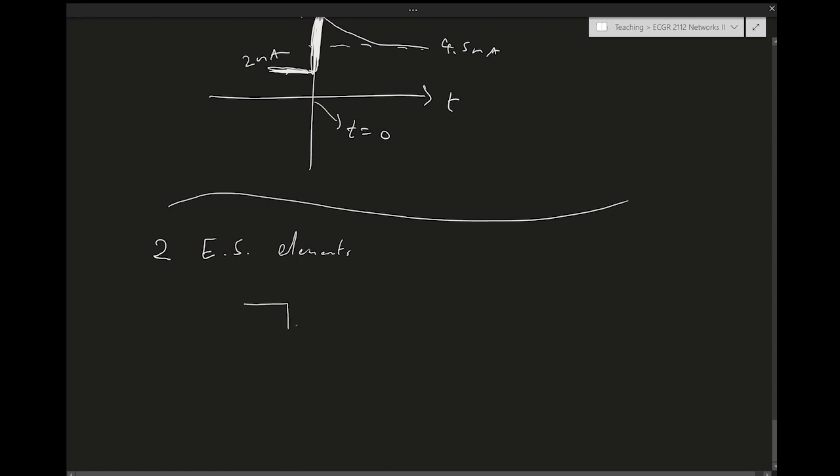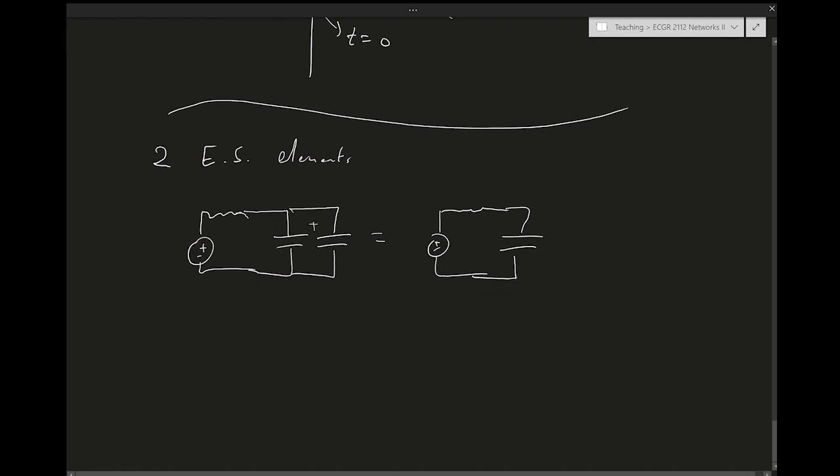So if I have something like this, for example, this is still not a second order system because I can always sum those two caps and find the equivalent capacitor. It's equivalent to one capacitor in the circuit.